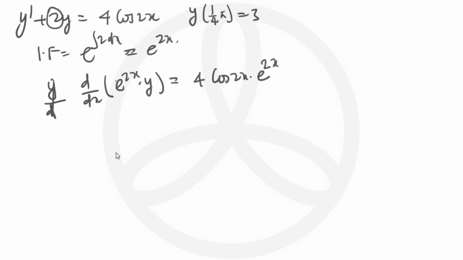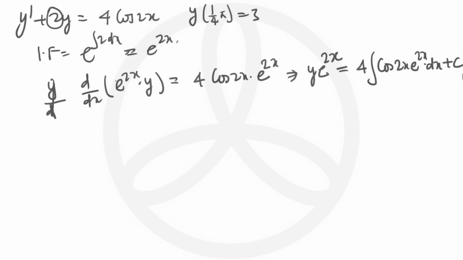Okay, and then the moment we apply the sign of integration on both sides, the derivative sign will disappear from the left hand side, so this will become y multiplied by e to the power 2x, and on the right side it will become 4 integration of cos 2x e to the power 2x dx plus c, where c is a constant of integration.